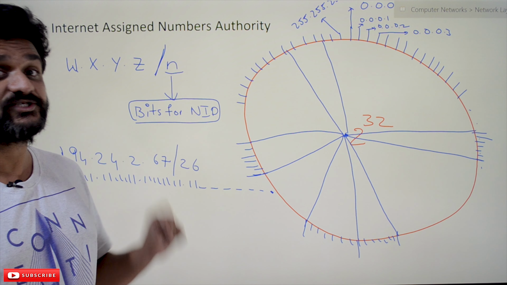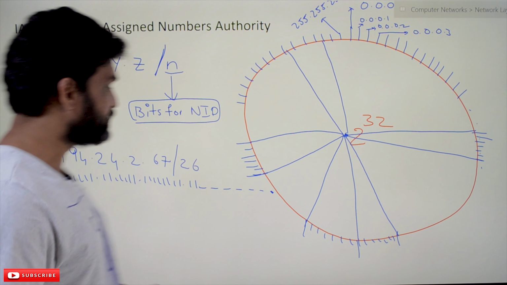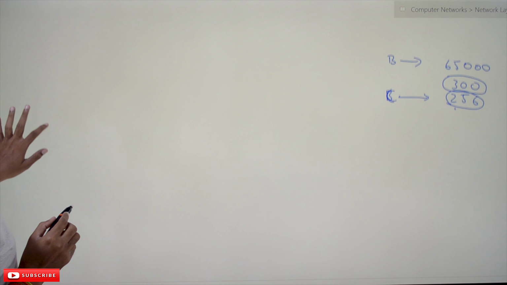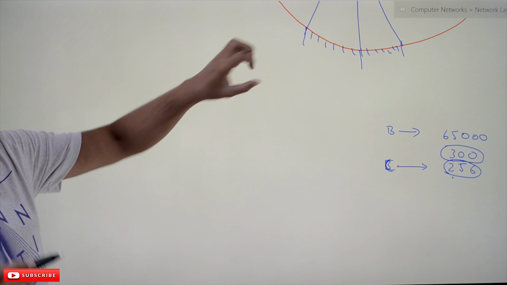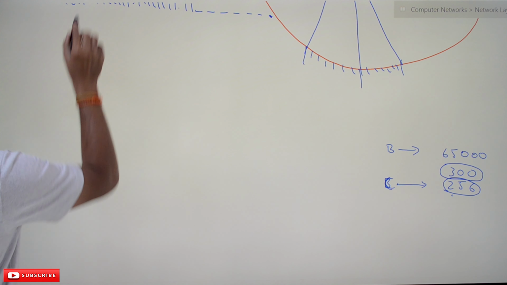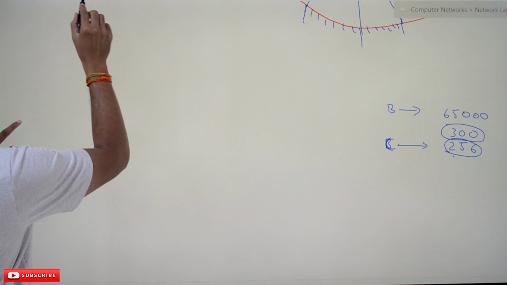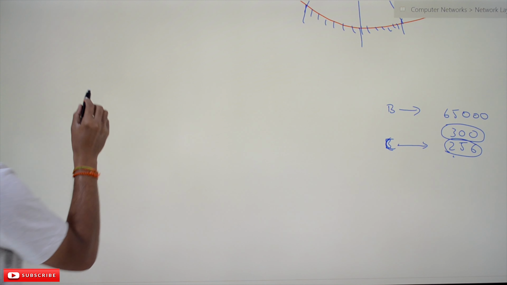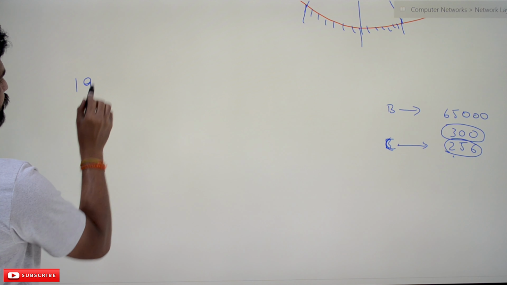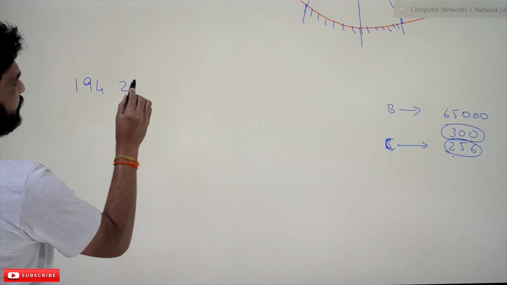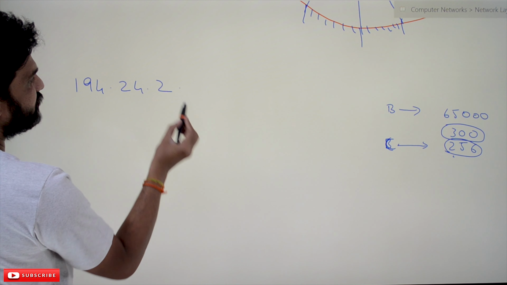Try to understand this with IP addresses. So let's consider 2 possibilities. One is 190. So I think you have that visualization of that cake. Okay, it is 194.24.2.